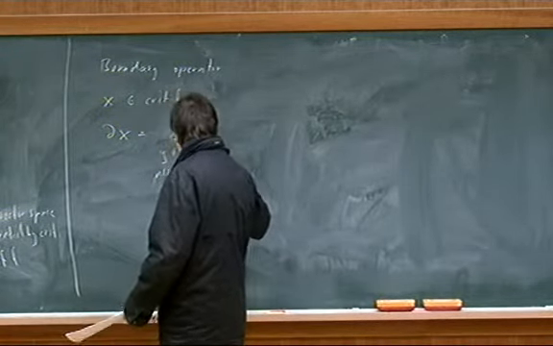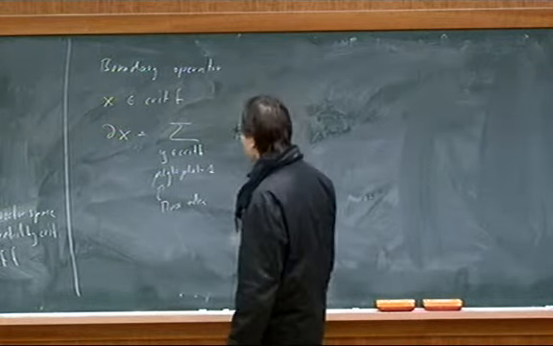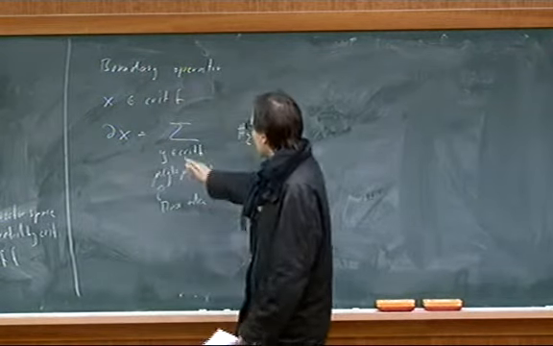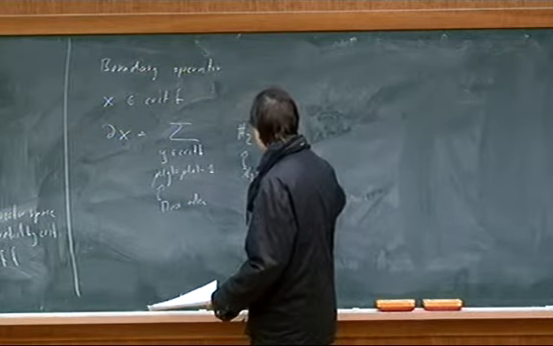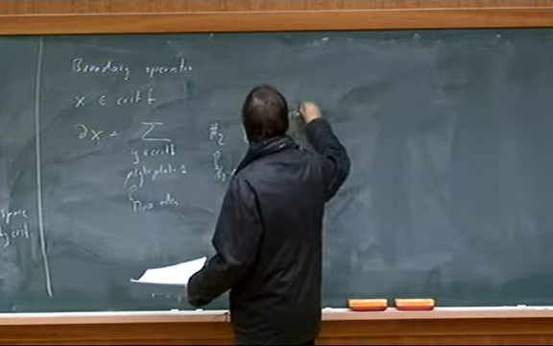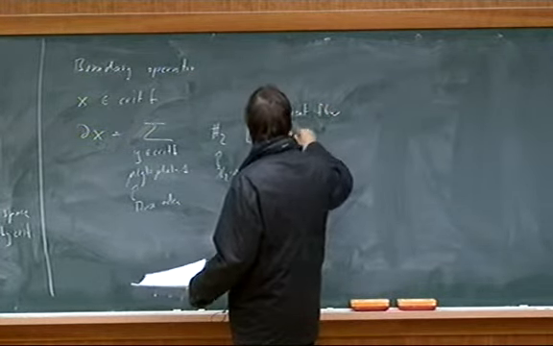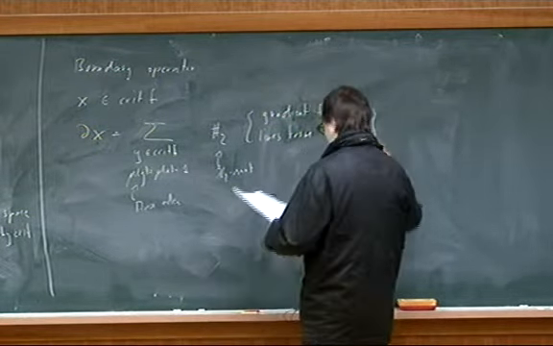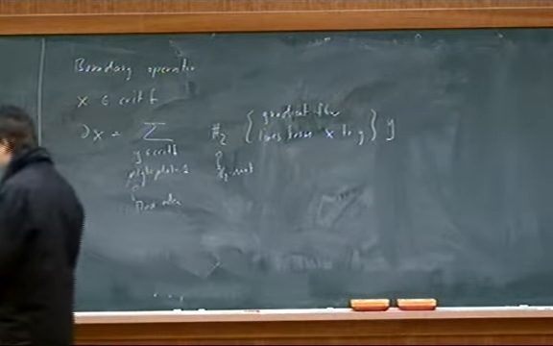And then we take the number of gradient flow lines from this critical point x to this critical point y, so that's a Z2 count.